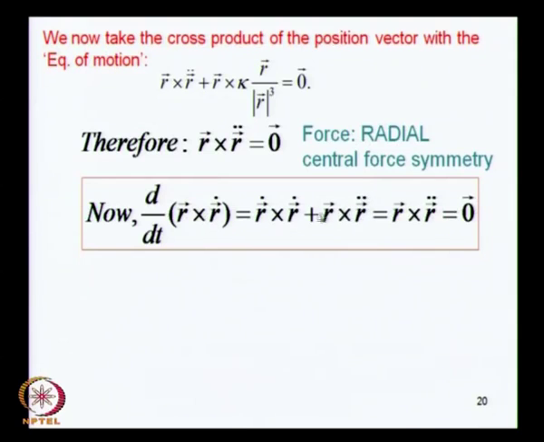This is just an identity that we have made use of, out of which this obviously vanishes, because this is a cross product of velocity with itself, and now you have got this, which is the same thing as the force being radial. So, this identity is completely consistent with the fact that the force is a radial vector.